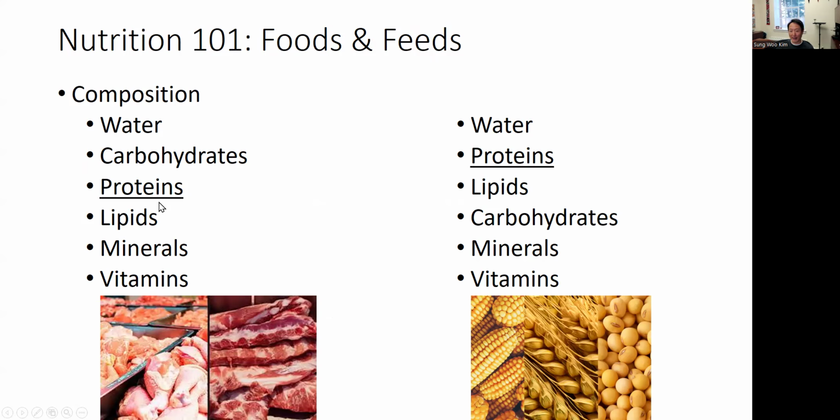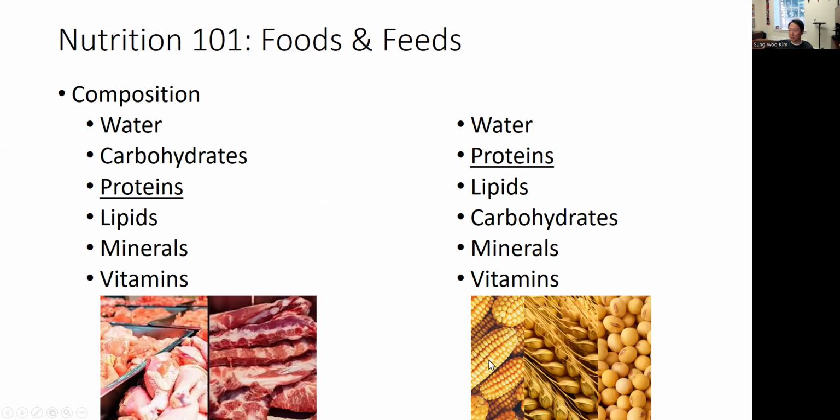But I highlighted protein and I will highlight lipids too. Protein will be the main one, and depending on the source, there could be a significant amount of lipids. However, the carbohydrate will be very minimal. You cannot get enough carbohydrate from the meats, right?